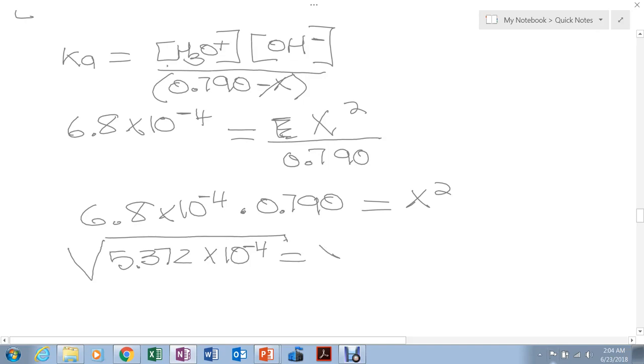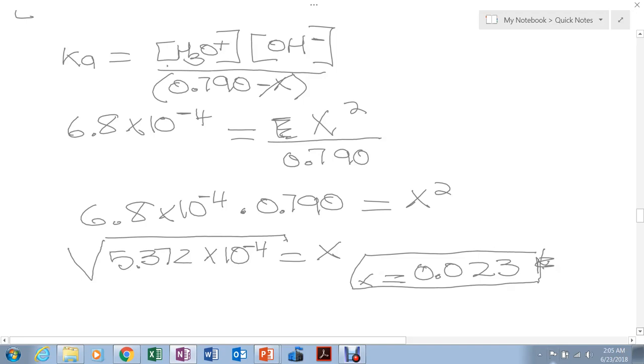So x is equal to 0.0232 M. Hold on, so this would be my x.